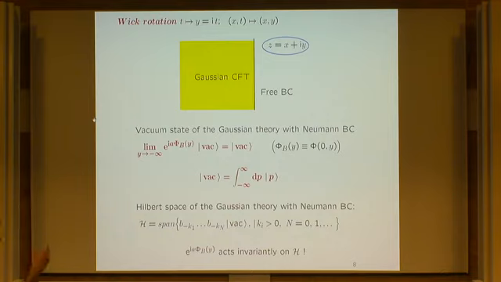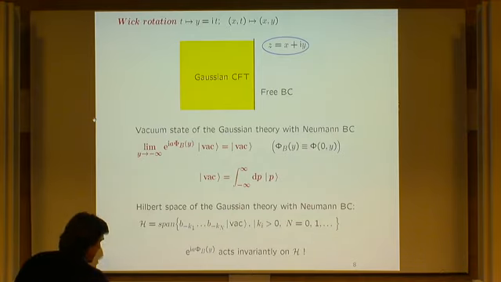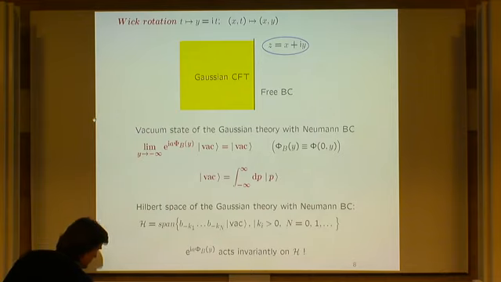More or less, this condition is easy to understand, because at the classical level you are just solving the Laplace equation with the Neumann boundary conditions, right? And the solution has some freedom. You can always add a constant, which is not a function of the solution.